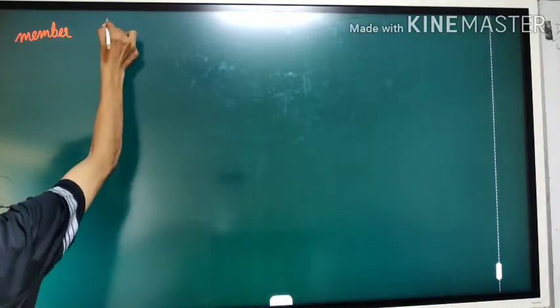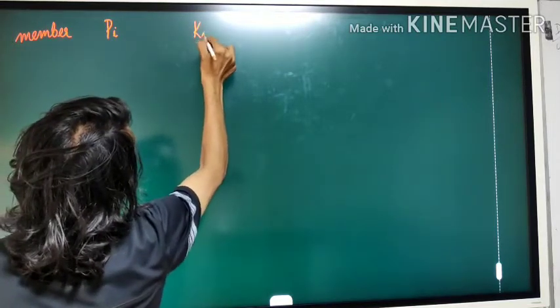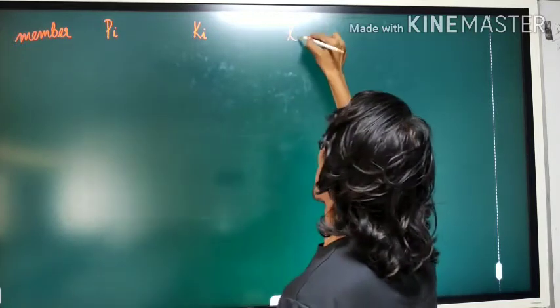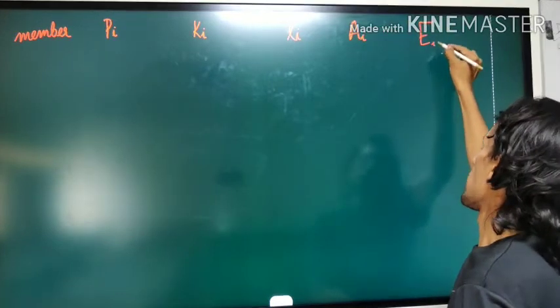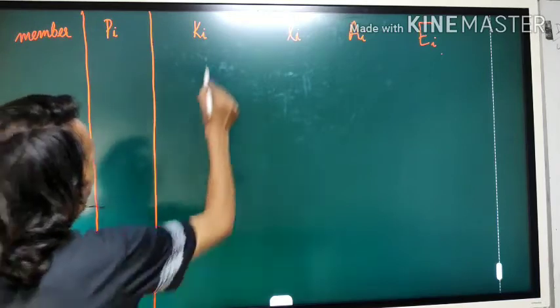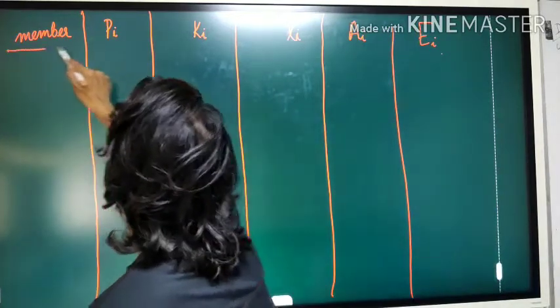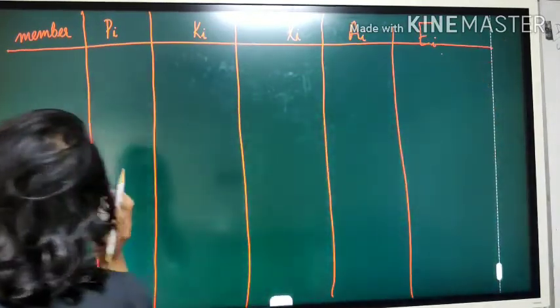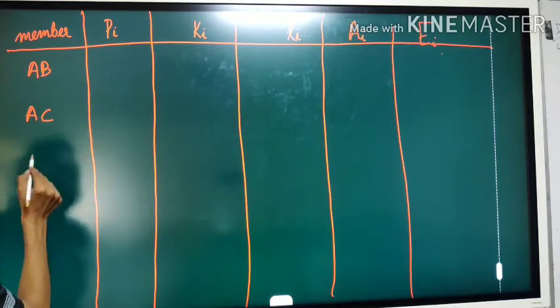Let me write here: member, P i value, K i value, L i value, A i value, and E i. First member was AB, then AC, and then BC.